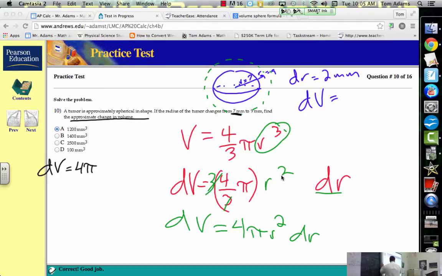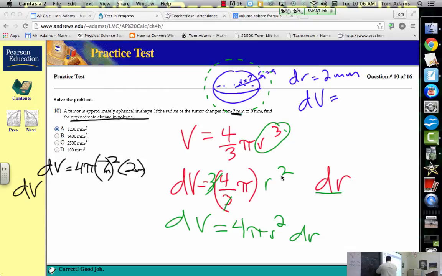So since we're going from 7 to 9, I'm going to assume that the radius should be 7. And then my change in r would be 2.